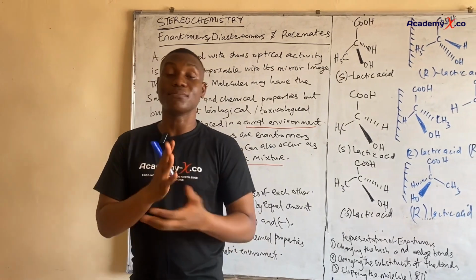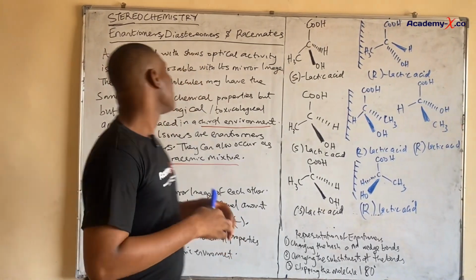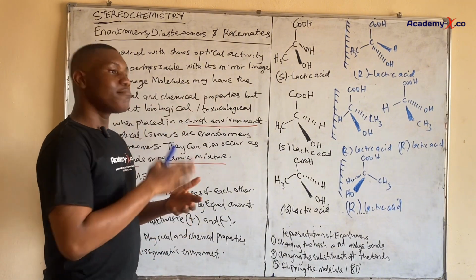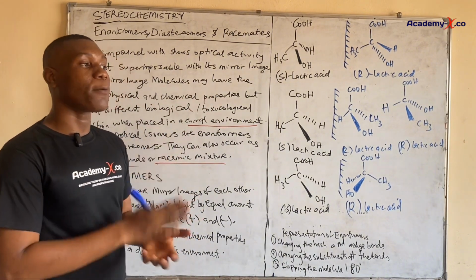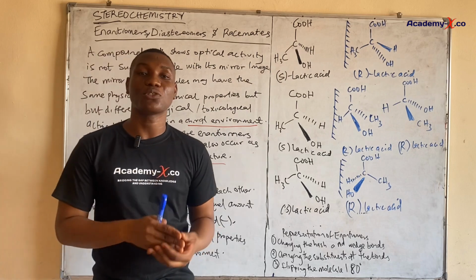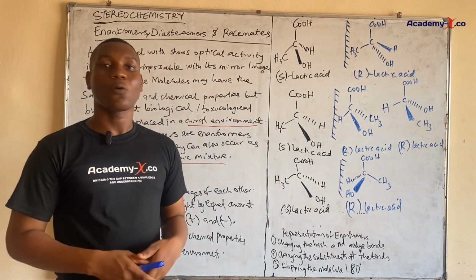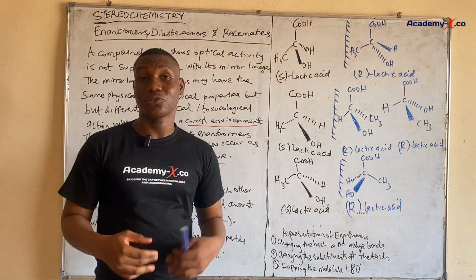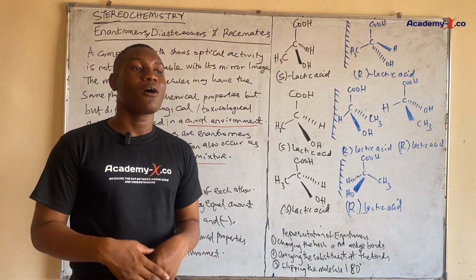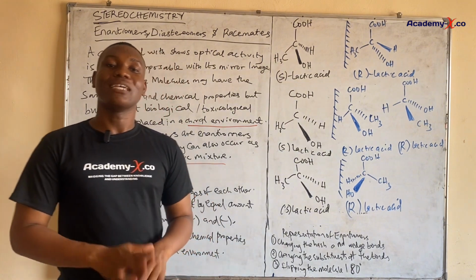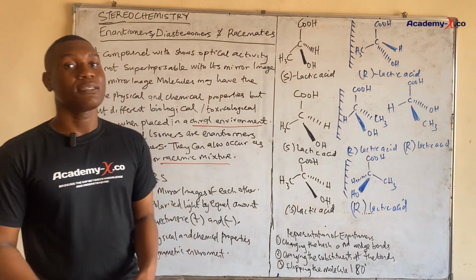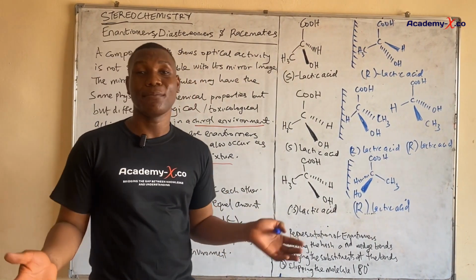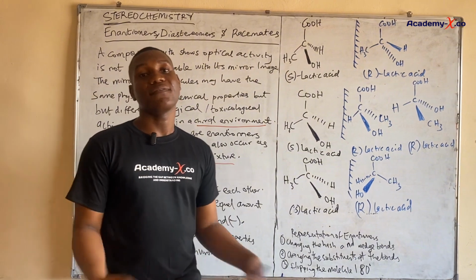Now, we said that these enantiomers have similar physical and chemical properties but different biological and toxicological action. Why is this so? Because this biological and toxicological action occurs in a dissymmetric or chiral environment, for example, a living organism or a human being. So physically and chemically they may look the same, they might even have the same name, but in the body they have different action.